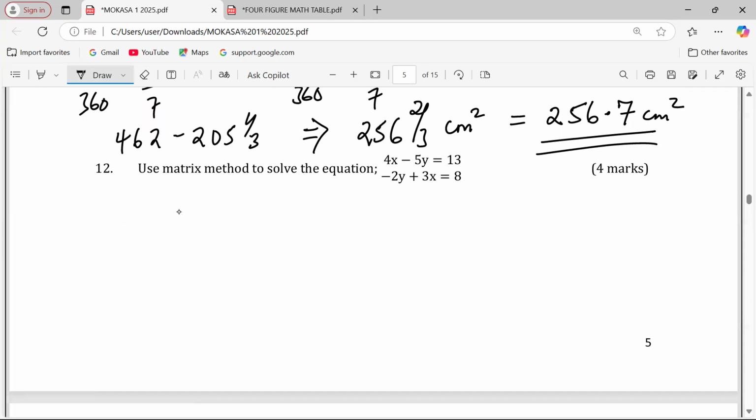Looking at 12, use the matrix method to solve 4x minus 5y equals 13, negative 2y plus 3x equals 8. So let me rewrite the equation.